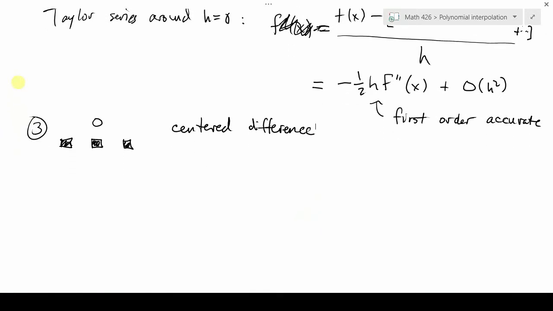All right, and in this case, the weights are -1/2, 0, and 1/2. Okay, so 0 weight means that that value doesn't even appear in the result.